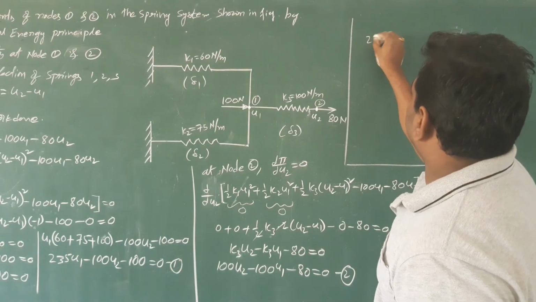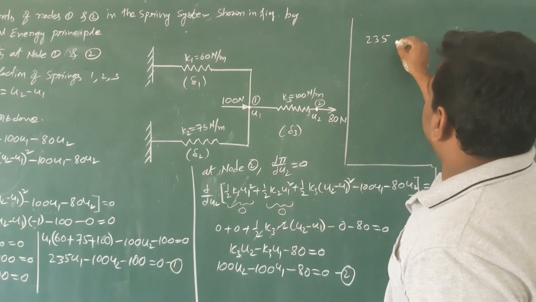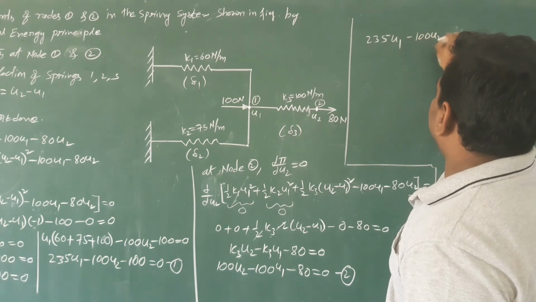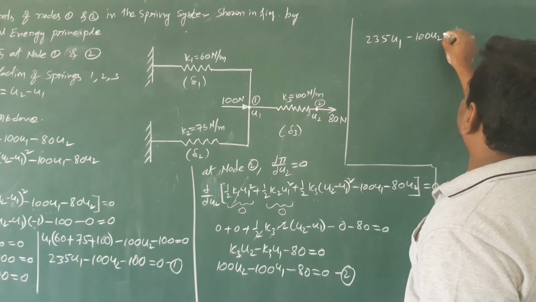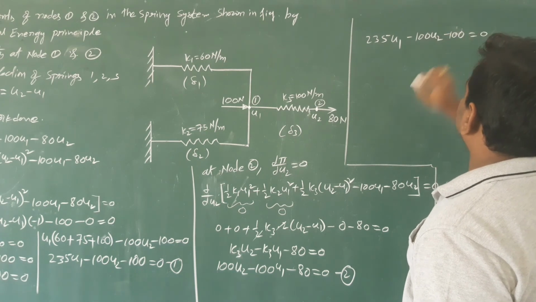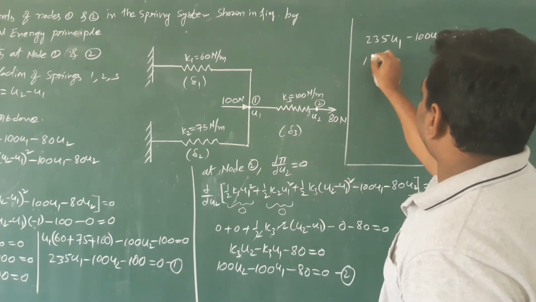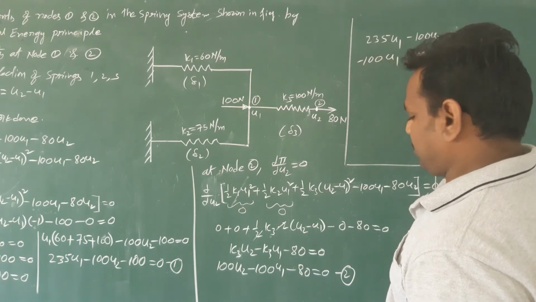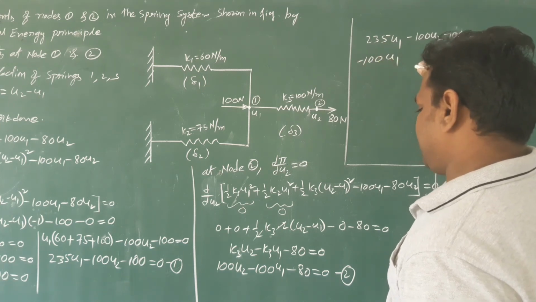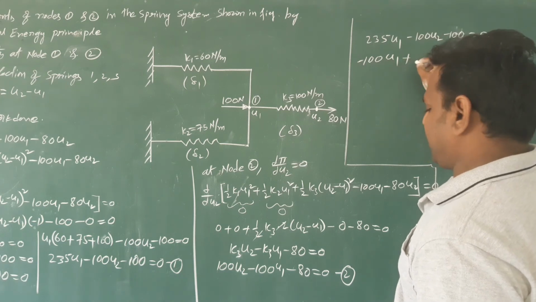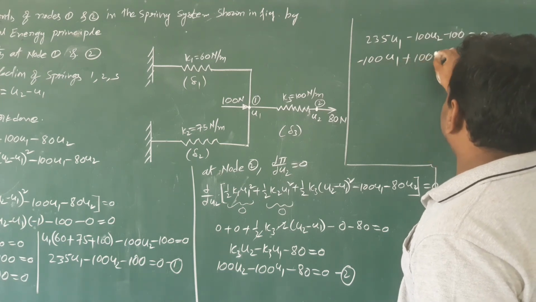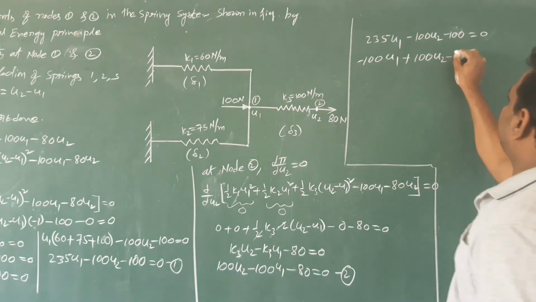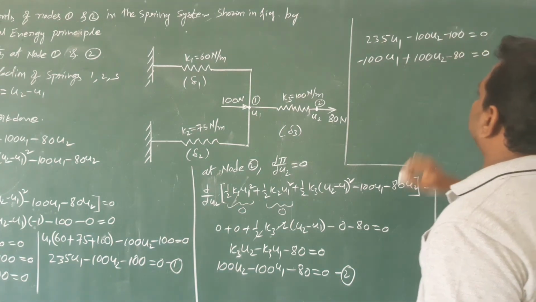So 235 u1 minus 100 u2 minus 100 is equal to 0, and minus 100 u1 plus 100 u2 minus 80 is equal to 0.